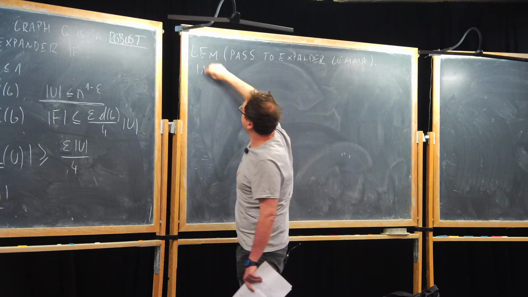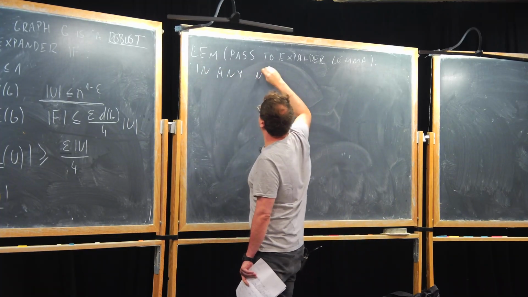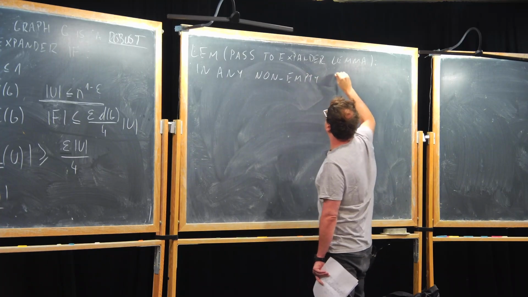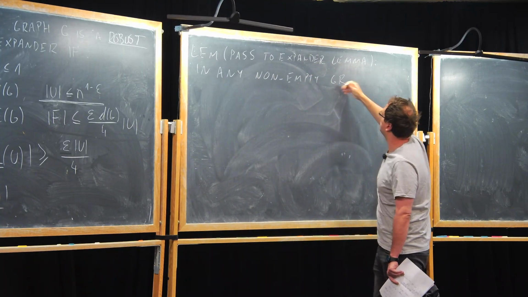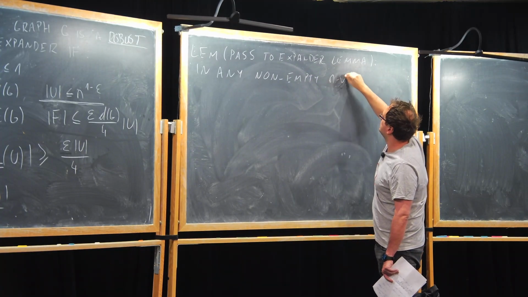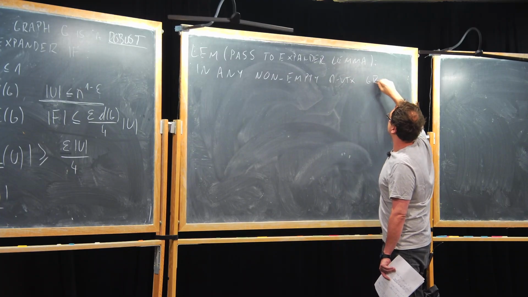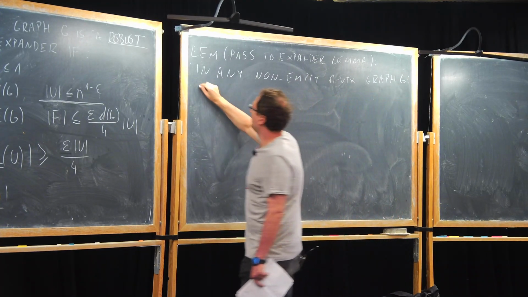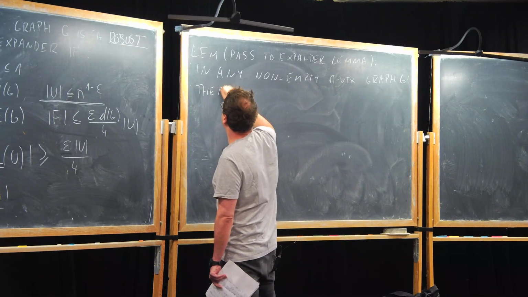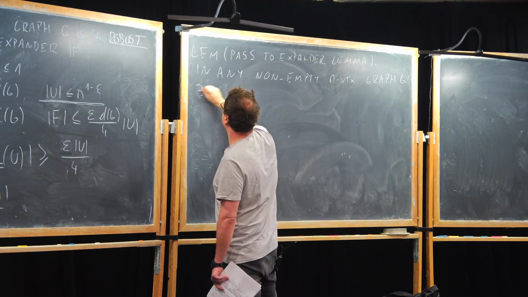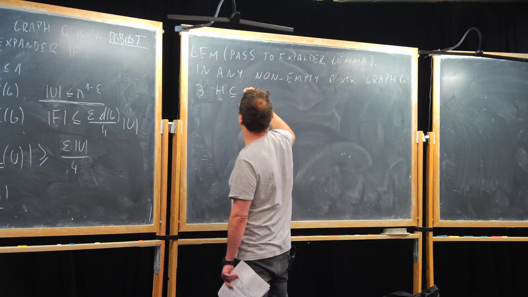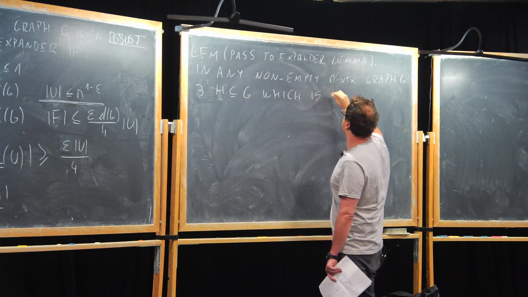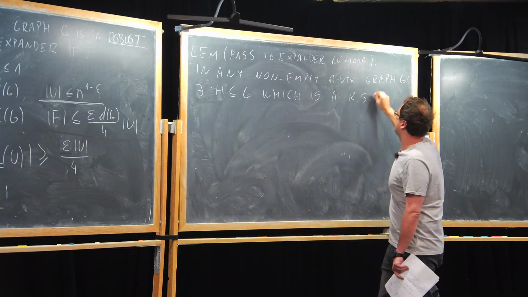So in any non-empty graph G, there exists a subgraph H, which is a robust sublinear expander.